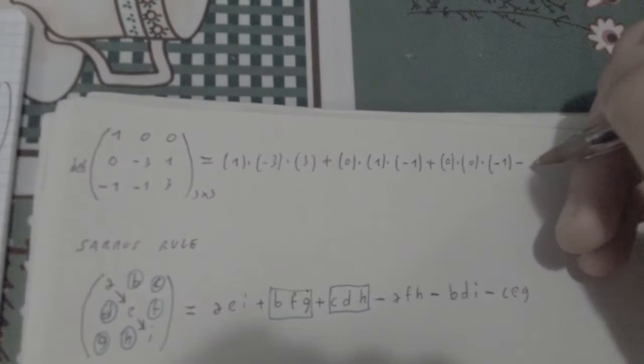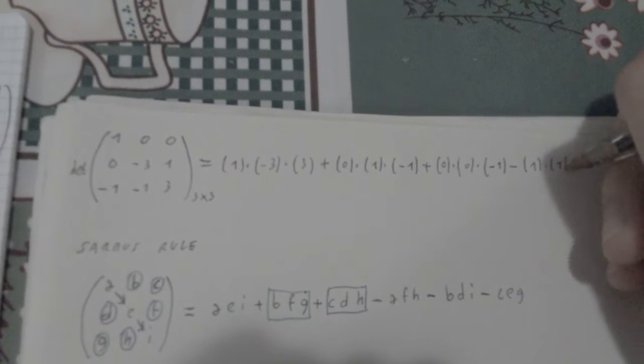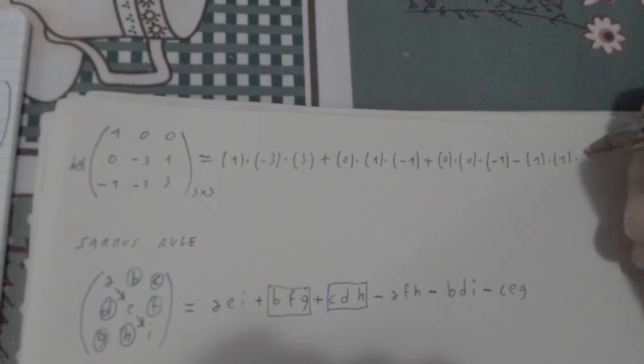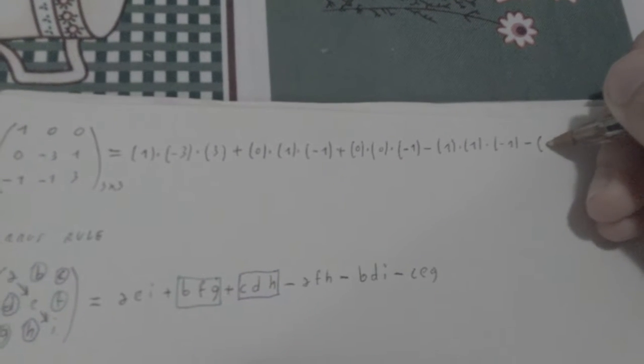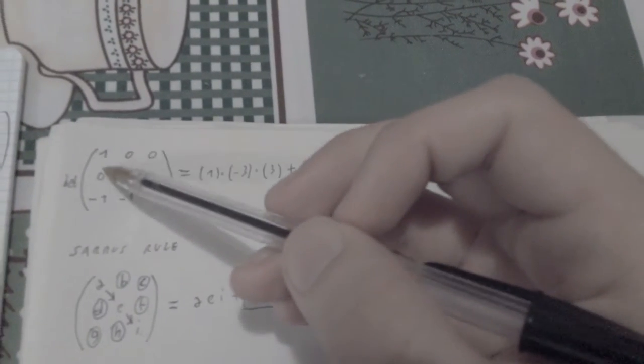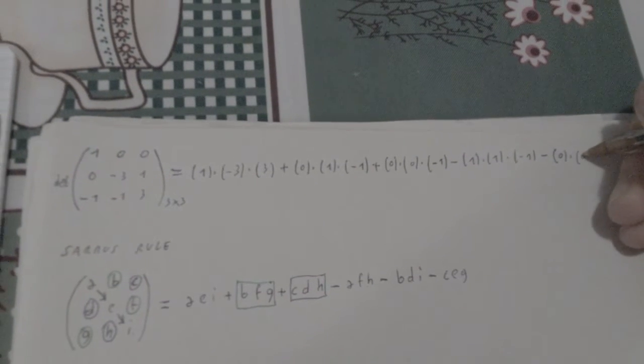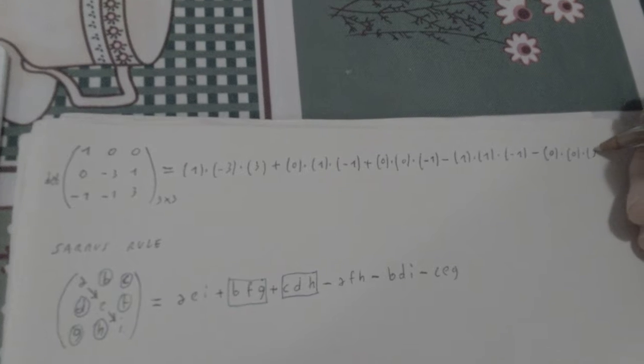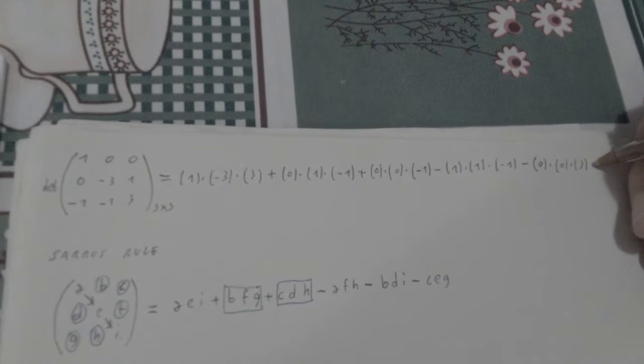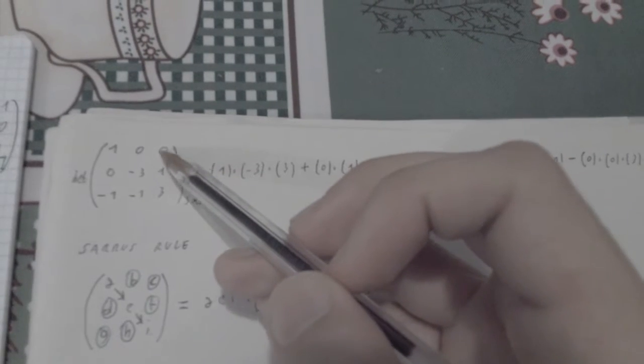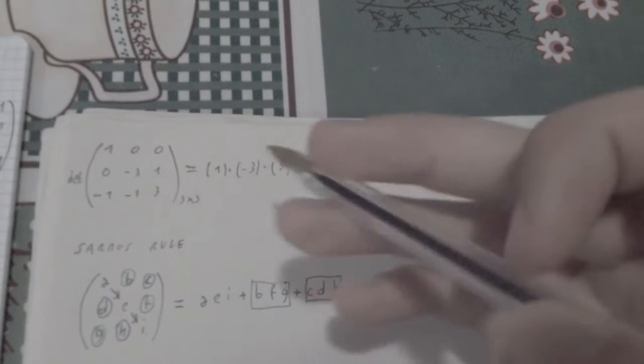AFH, so AFH is going to be 1 times 1 times -1, minus BDI, which again doesn't really matter here, but I'm going to write it anyway, minus the other diagonal, which is basically 0, -3, and -1.